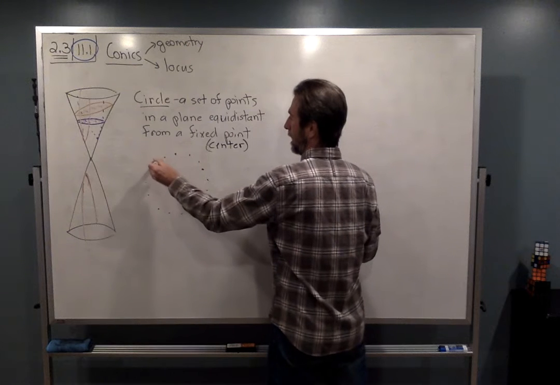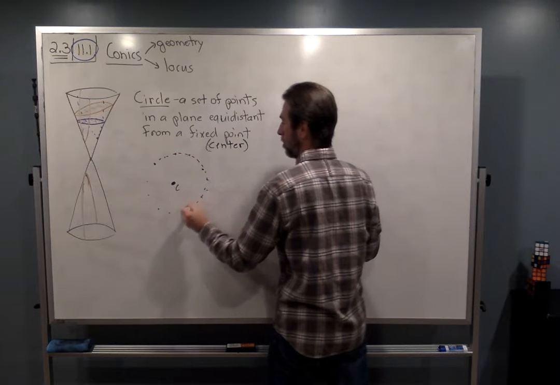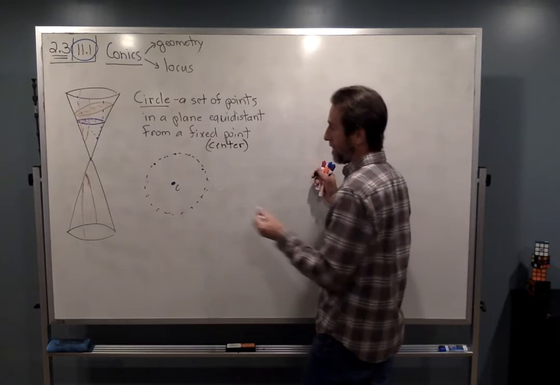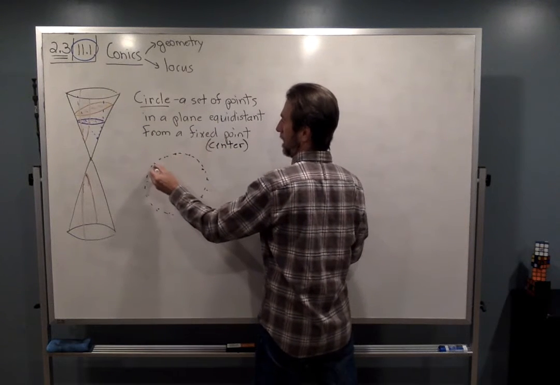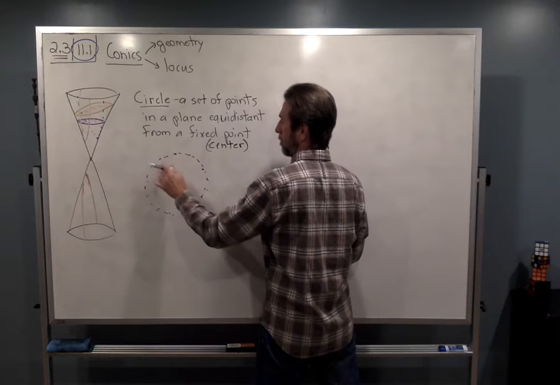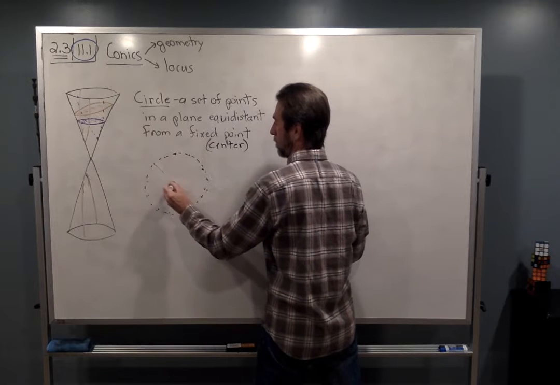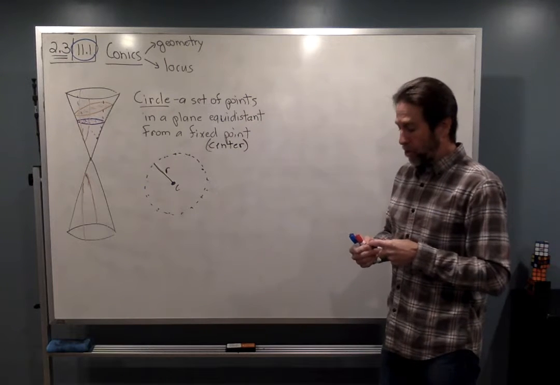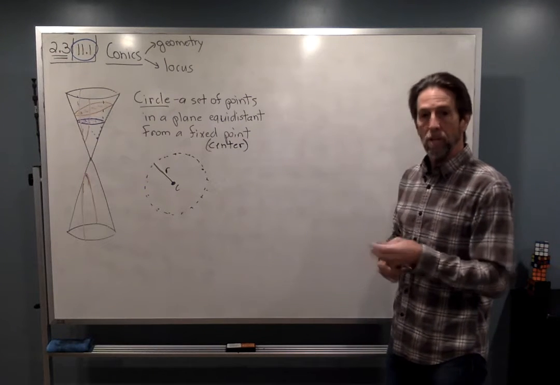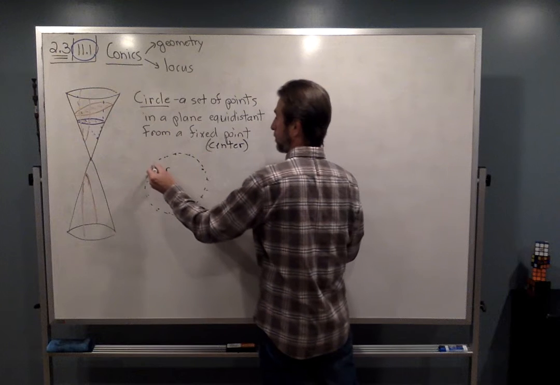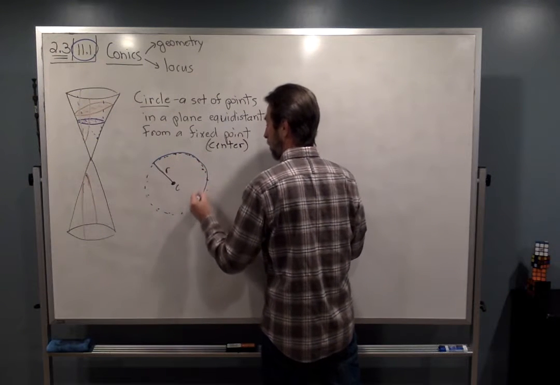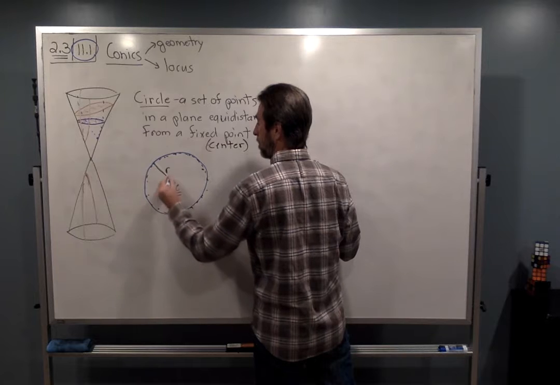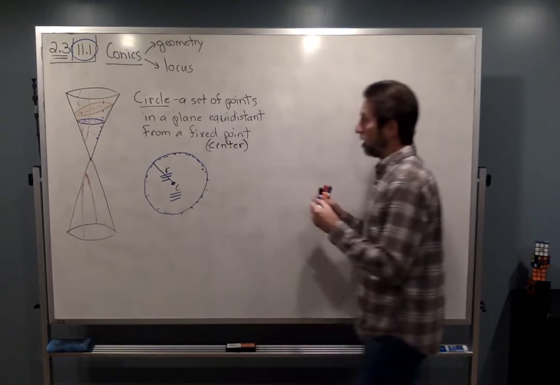I basically end up with a circle, and that fixed distance, that equidistance, of course, is called the radius. So we know what a circle is: the set of points in a plane equidistant from a fixed point. Not much to it. The two very important characteristics of a circle are the center and, of course, the radius.